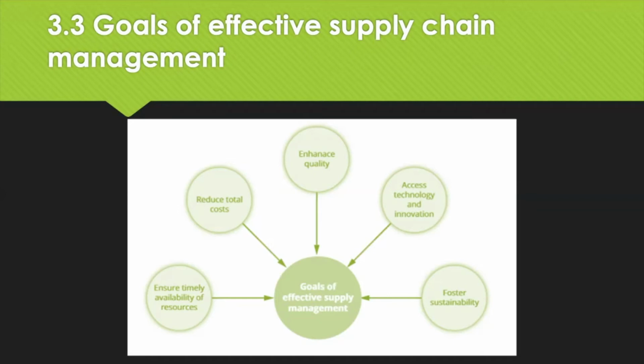And managers must work to integrate the supply chain, so they need to ensure that all functions and activities involved in the supply chain work harmoniously together. And developing an integrated supply chain means that the supply chain, from several perspectives, time, cost, quality, technology, and sustainability, must all be coordinated and harmonised as a whole.